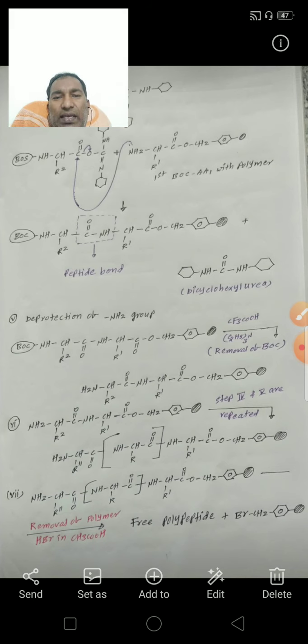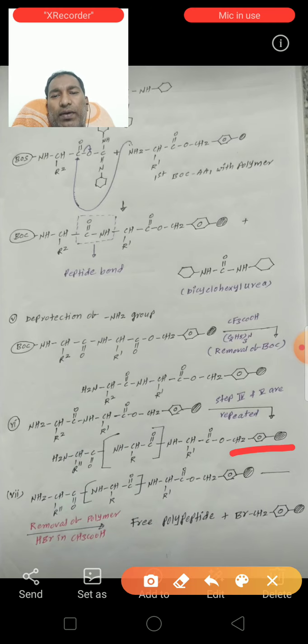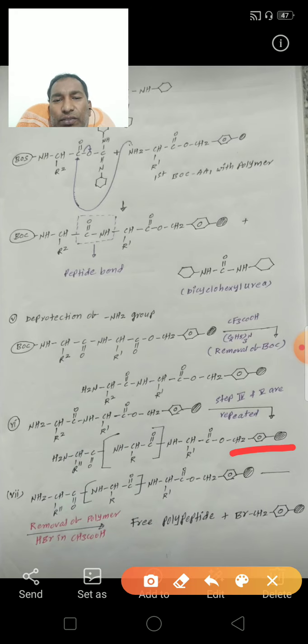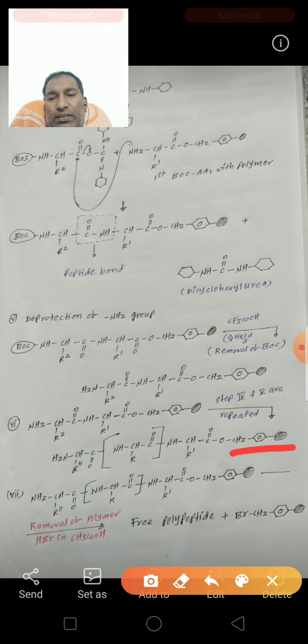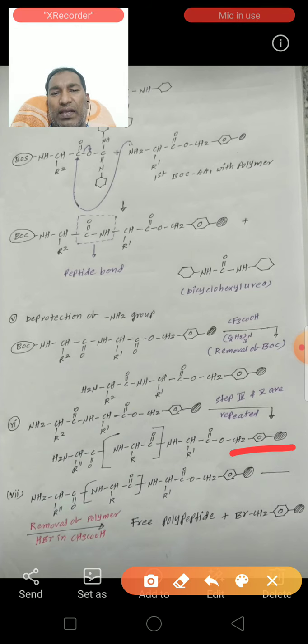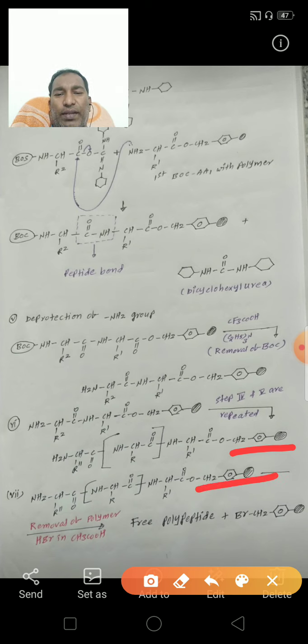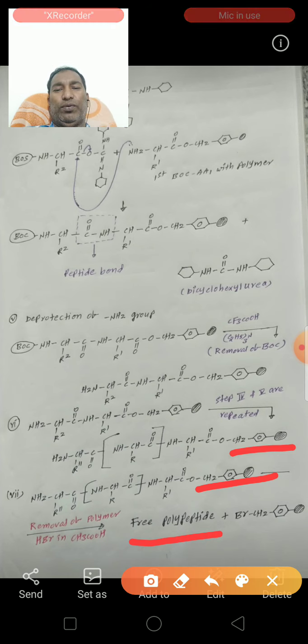This is repeated for any polypeptide compounds, with the polymer. So this compound is treated with HBr in acetic acid. So the polymer is removed and forms a polypeptide.